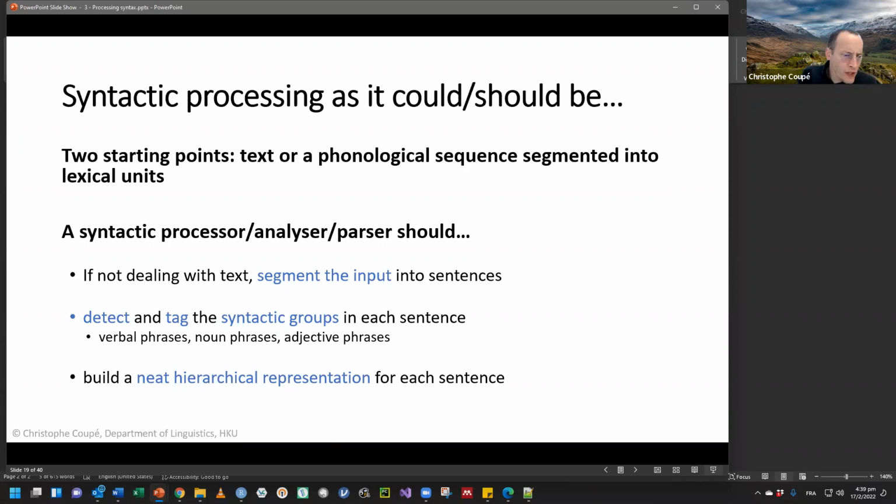Then what you would like to do is detect the different groups, the different components of the sentence in each sentence, what we call the syntactic groups.